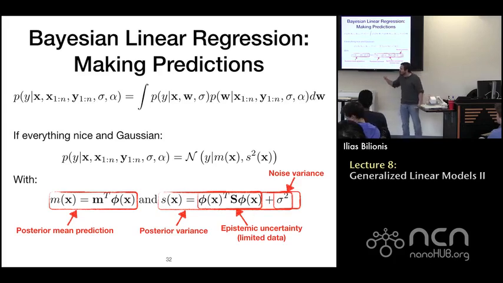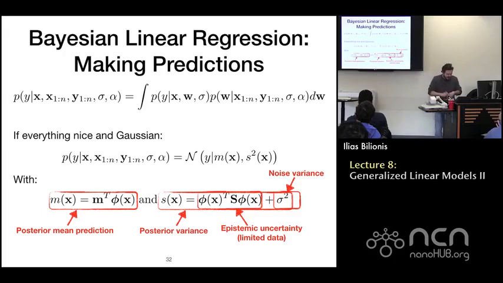How uncertain, not because of the measurement noise, which is there anyway, but because we don't have enough measurements to even say what is the mean of the true model that generates the data before they get contaminated by noise.